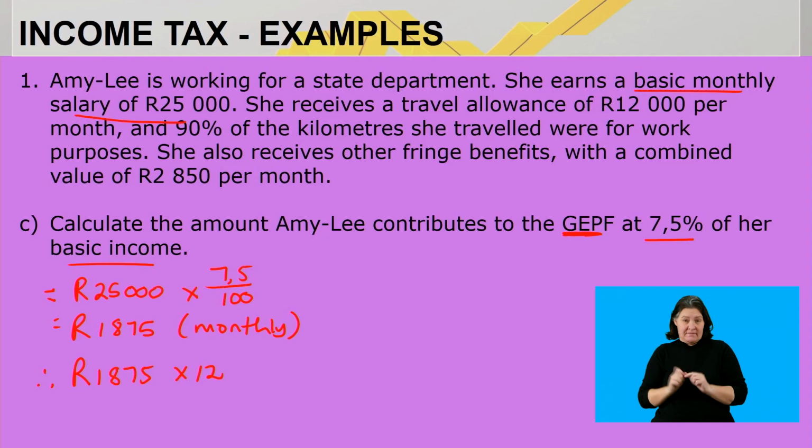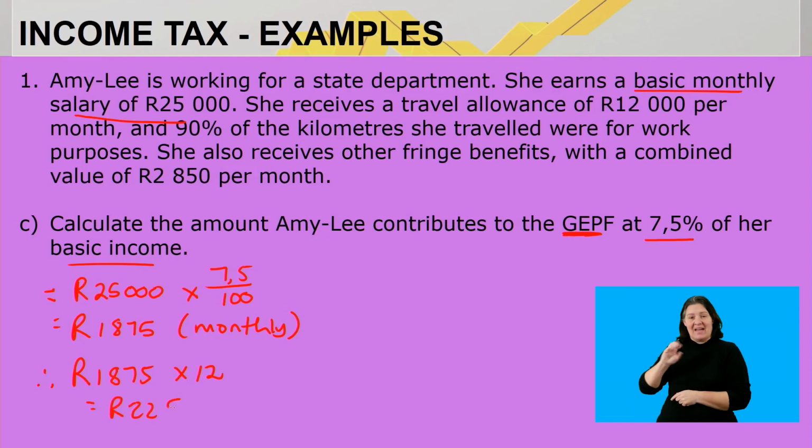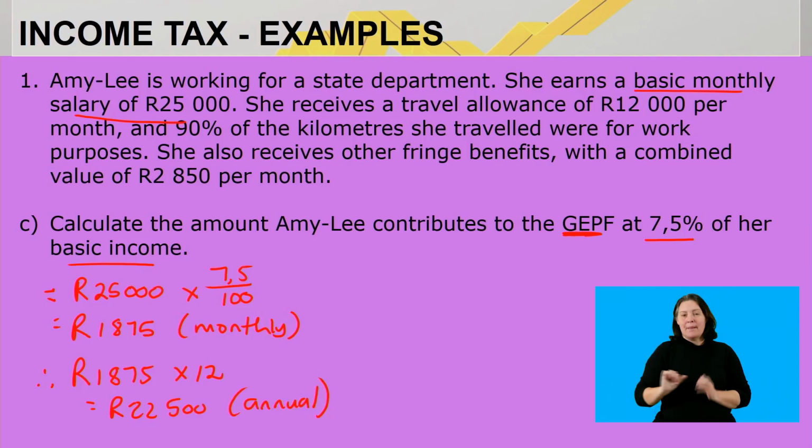So 1,875 multiplied by 12, so that will give us 22,500 Rand. This is on an annual basis. This is what Amy Lee will contribute to a pension fund. Guys, are we clear? 22,500 Rand. Okay, let us move on to our next question.